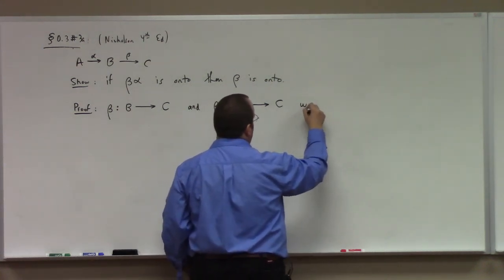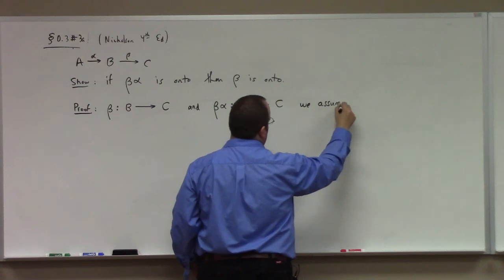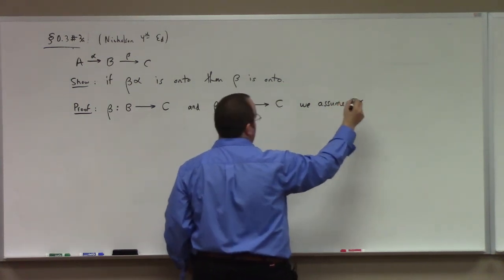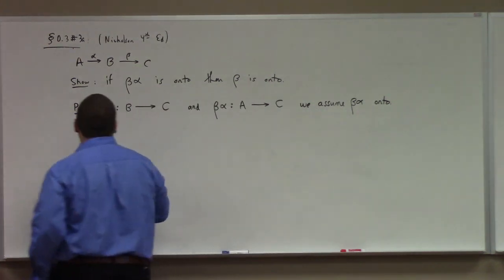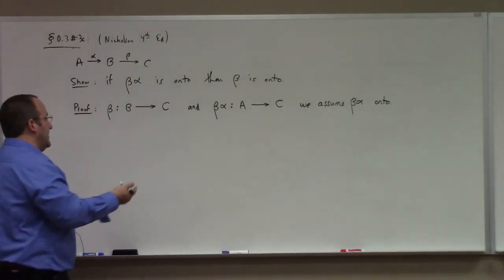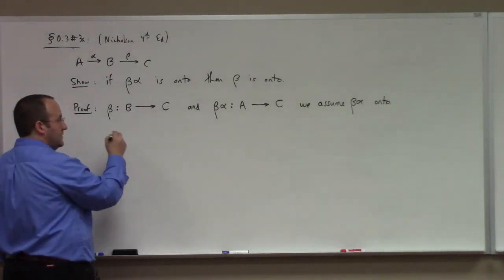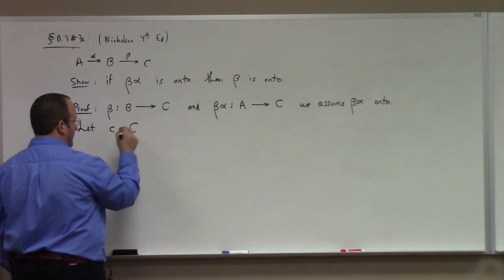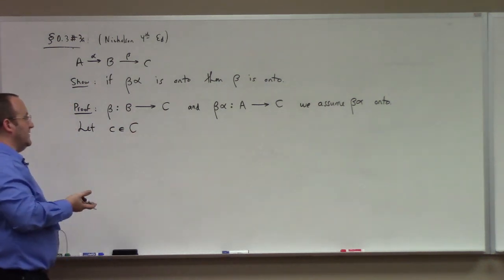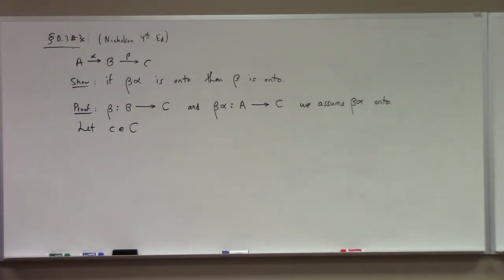We assume beta alpha onto, right? Okay, so to prove beta is onto, what should we do? We should pick an arbitrary element of C, right? Let c be an element of C. What do we need to do? We need to provide some element in B such that beta of whatever that element is gives me back c, right?